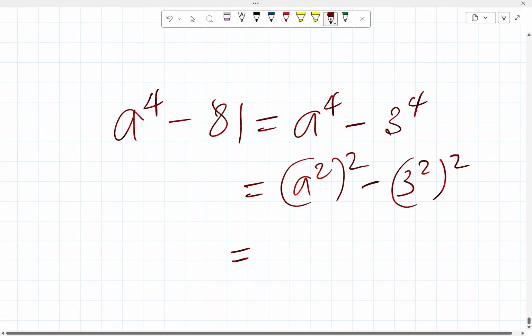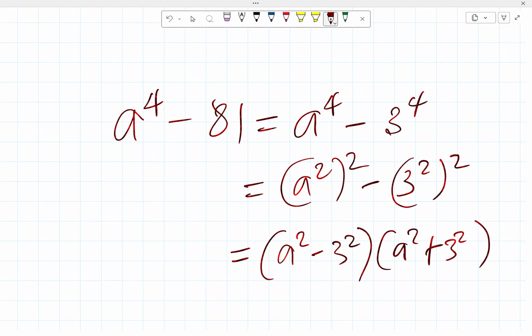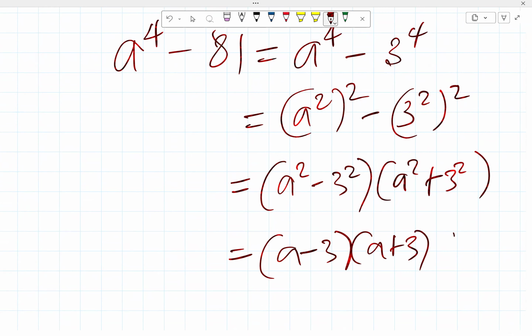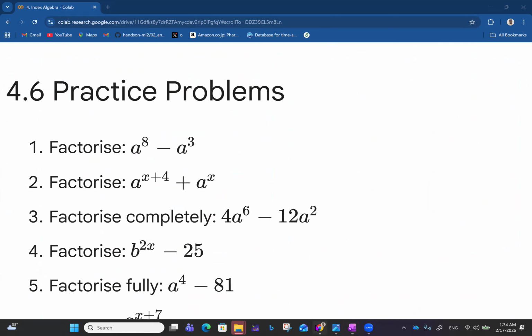So that means you have a squared minus 3 squared into a squared plus 3 squared. Then we can say again, this is a minus 3 into a plus 3 into a squared plus 3 squared. That was the type we did previously with one of those questions.